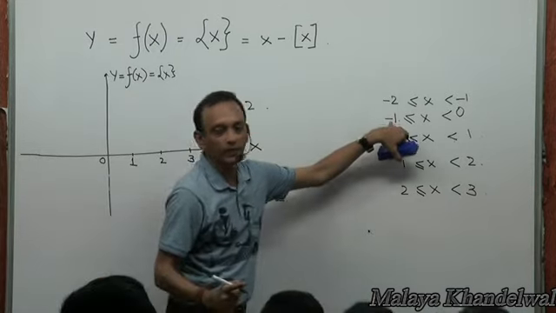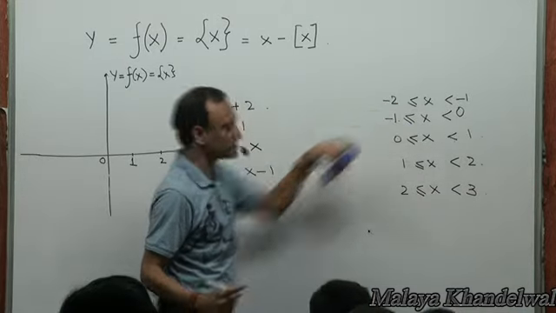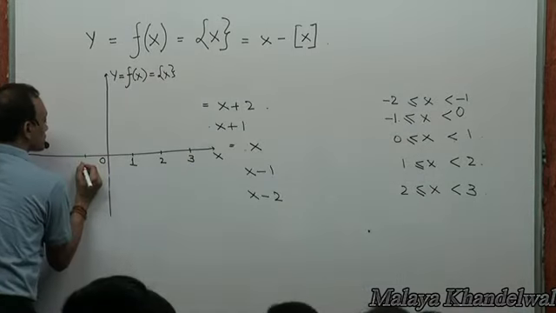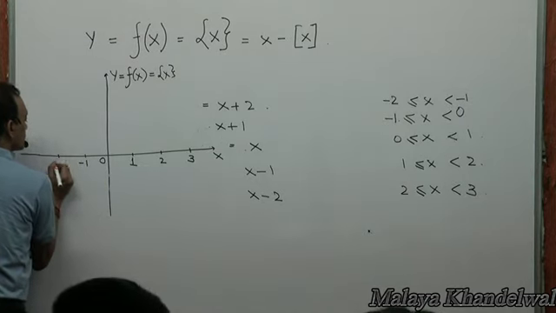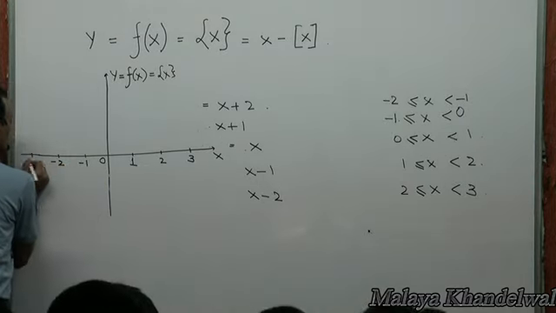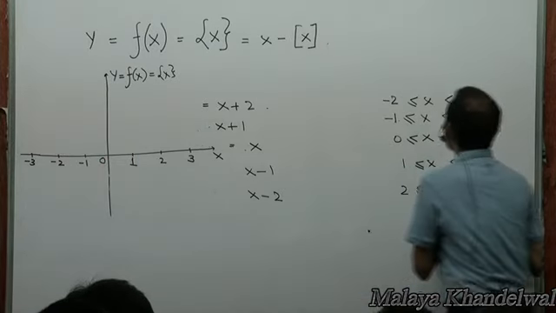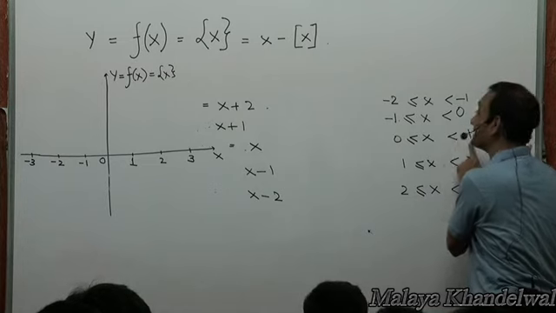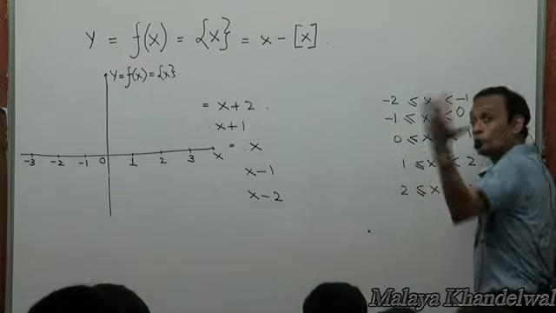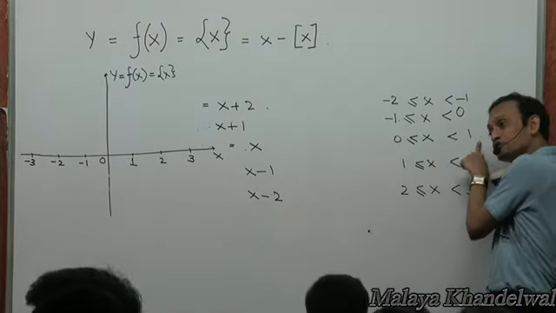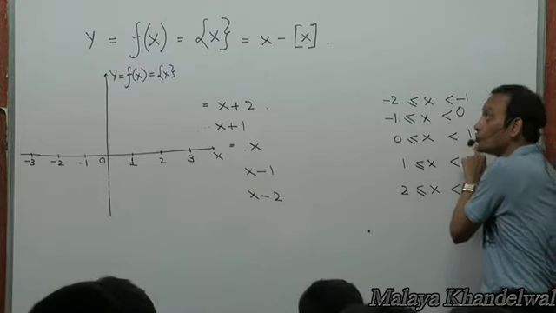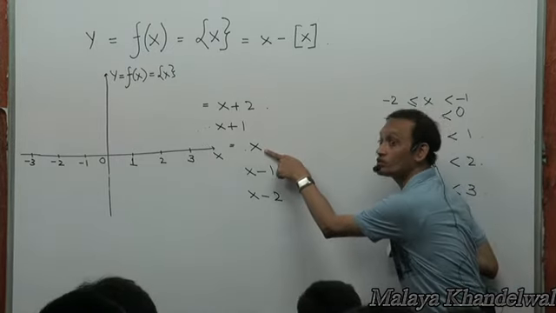Similarly, on the left hand, minus 1 to 0, minus 2 to minus 1, minus 3 to minus 2, and so on and so forth, right? Now, when x is greater than or equal to 0 but less than 1, which includes 0 but excludes 1, in that interval, it goes as y equal to x.